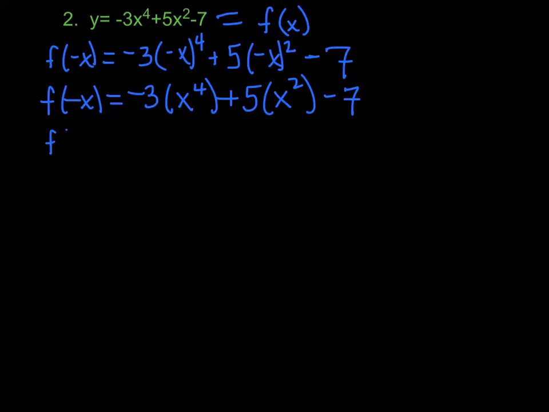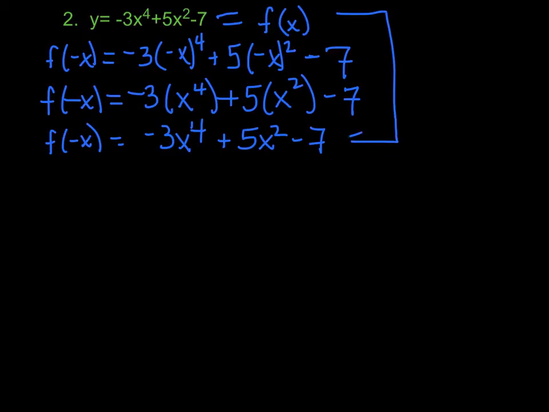All right, so let's take one more extra step and simplify all of this. Negative 3 times x to the 4th is negative 3x to the 4th. Then we've got plus 5x squared, and then minus 7. Now, if you look at what I have here and you look at the original equation, you can see that those equations are equivalent.